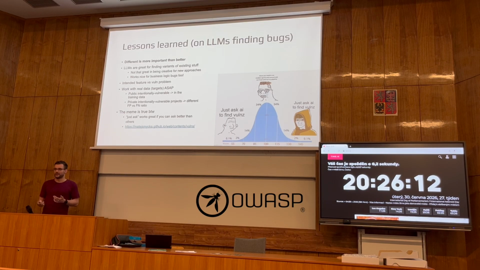You would be surprised how often it happens that maintainers are provided with a really serious vulnerability on one endpoint, but leave the exact same vulnerability open on the other endpoint. So it really pays off to hunt for variants. And it's not that great at being creative as of now, might improve.